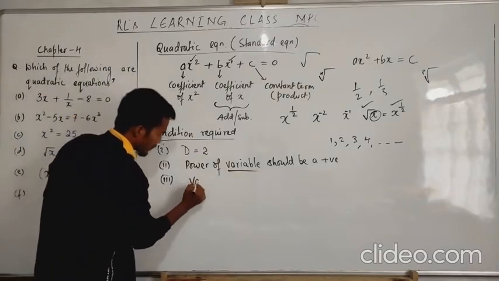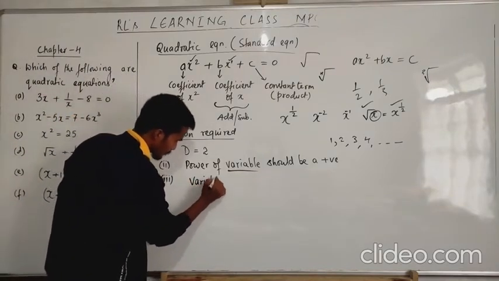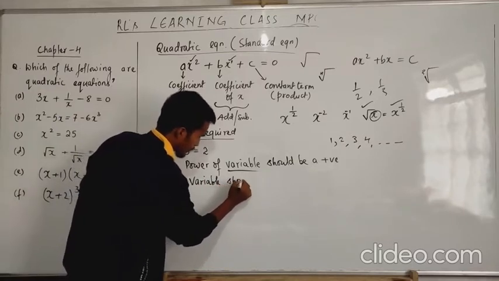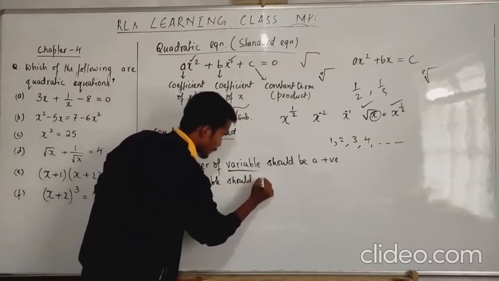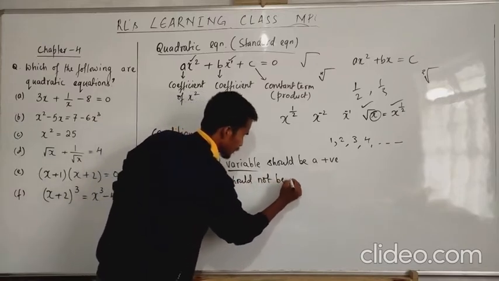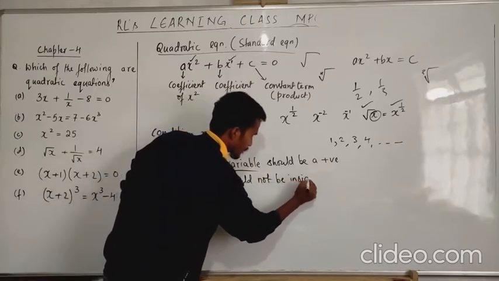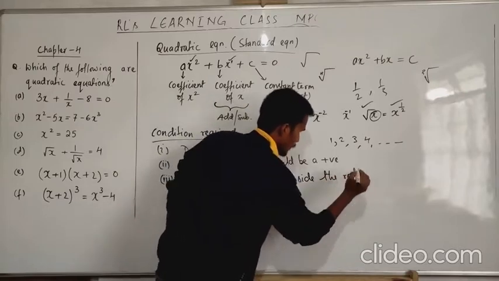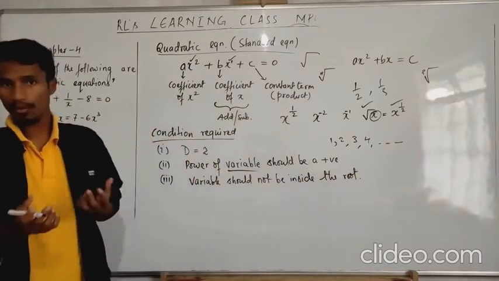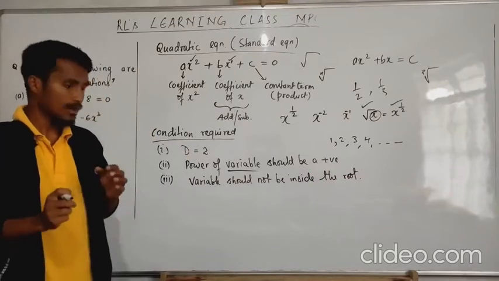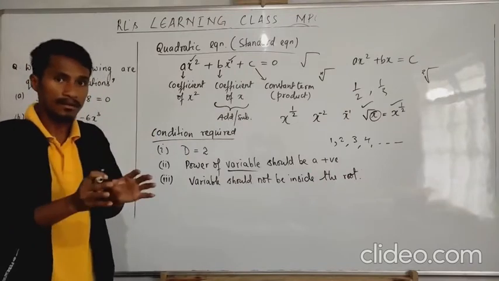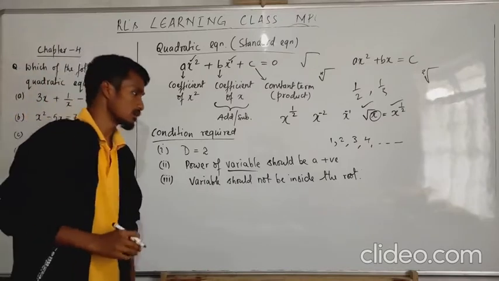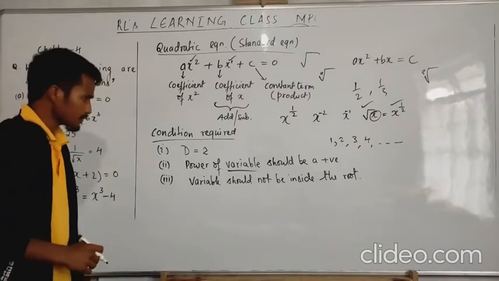The variable should not be inside the square root or cube root or fourth root. Otherwise it is not a quadratic polynomial or a quadratic equation.